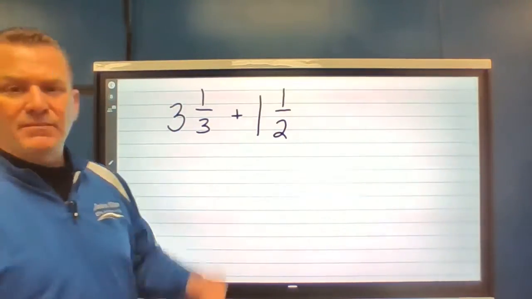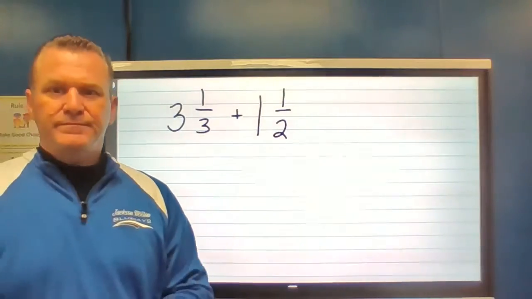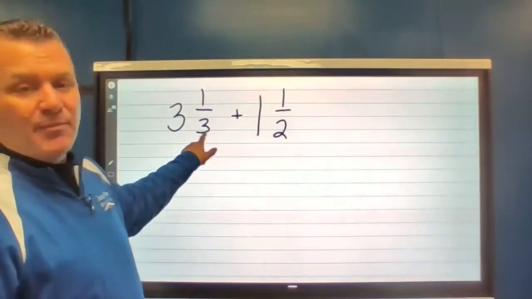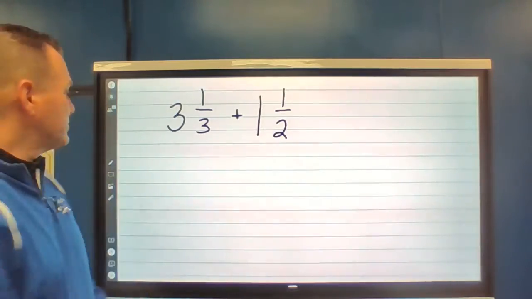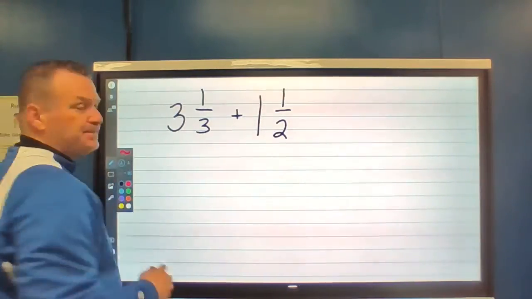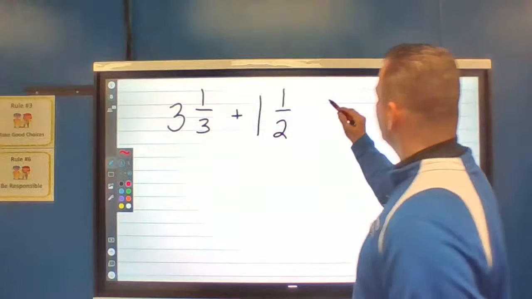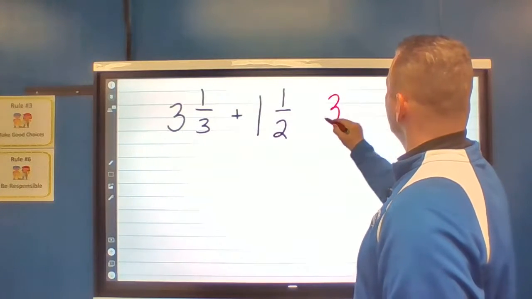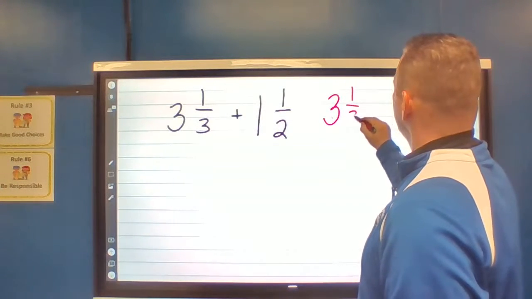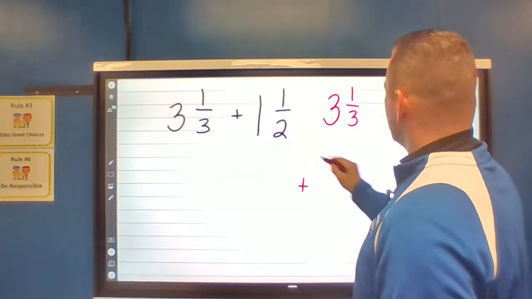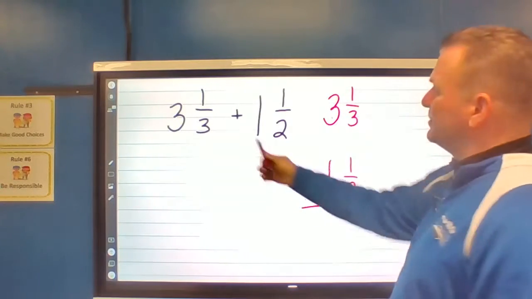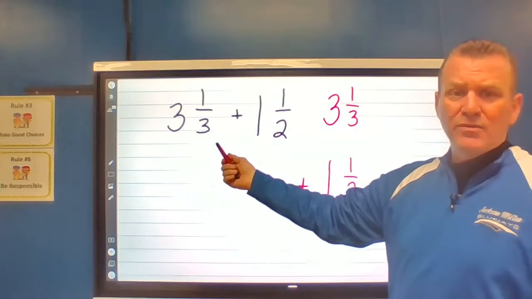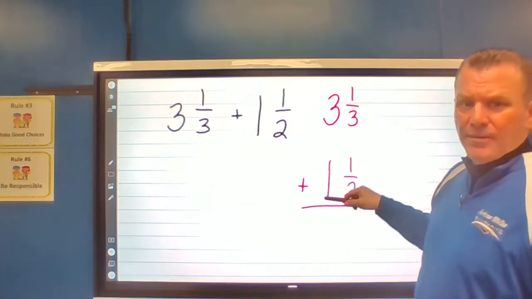Now, I obviously can add 3 and 1. It gives me 4. But I have a problem when I get to my denominators. They're not the same. So I'm going to stack them like I normally would. So this would be 3 1/3 plus 1 1/2. All I'm doing is taking this from a horizontal problem to vertical problem.